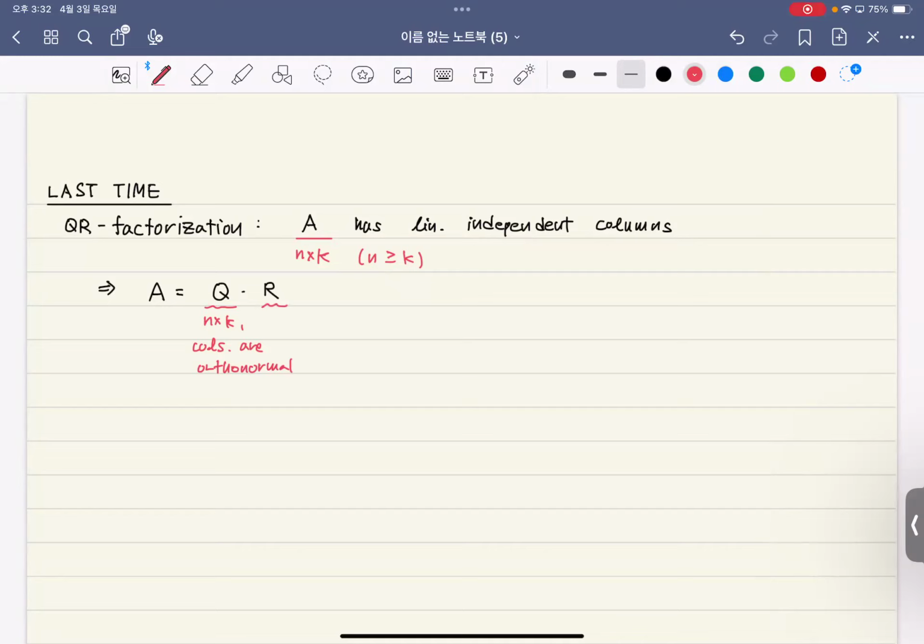And R is a k by k matrix, upper triangular, and a non-singular or invertible matrix. So we have such a nice decomposition.